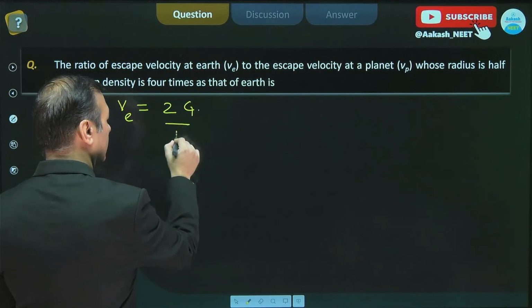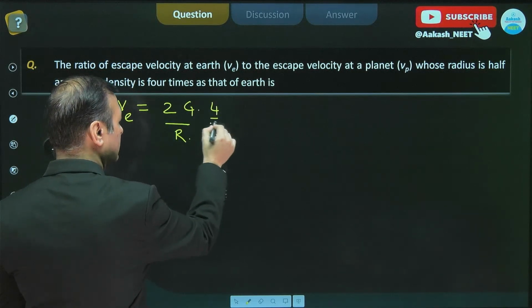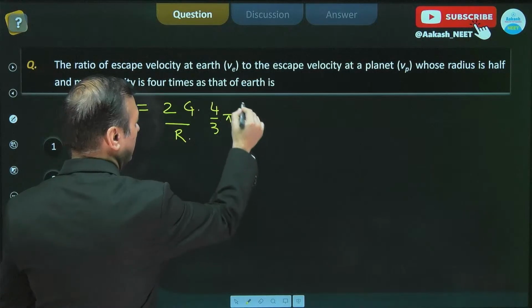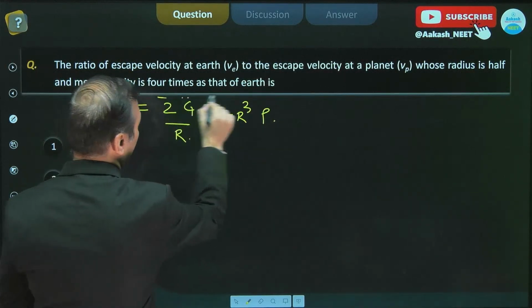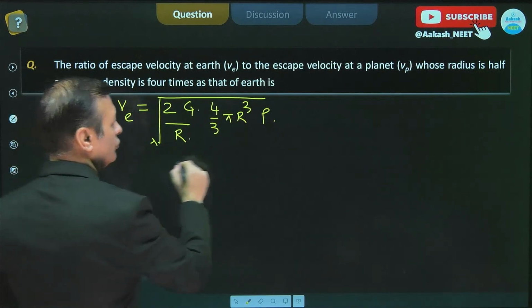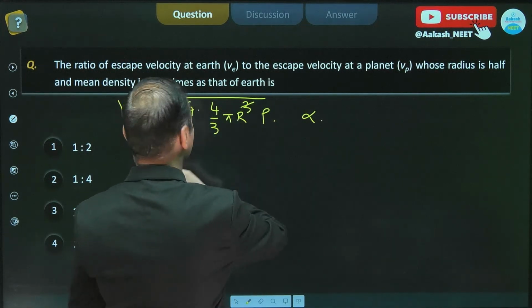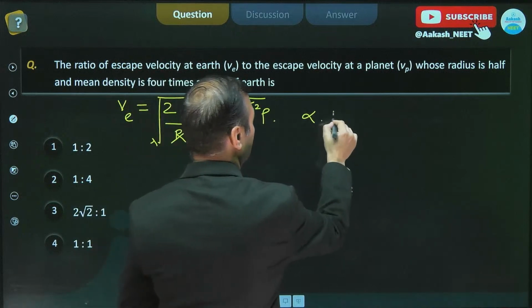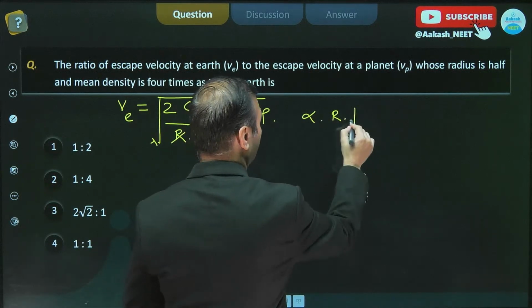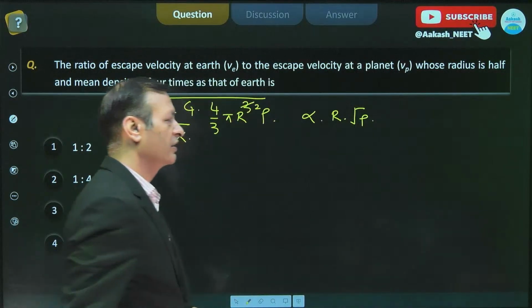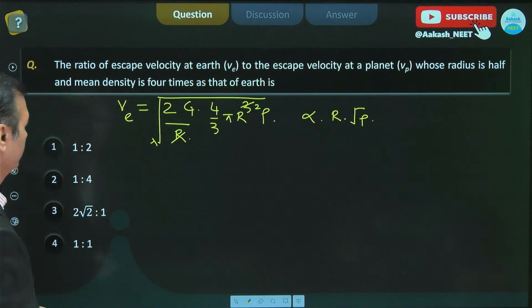Root of 2GM by R, and for the mass this is 4 by 3 pi R cube into density. So this is basically directly proportional to, this becomes R square, and when you take the square root, this is directly proportional to R root rho.